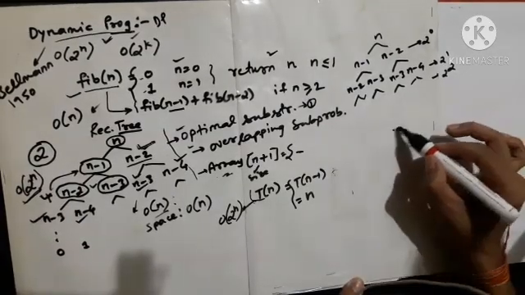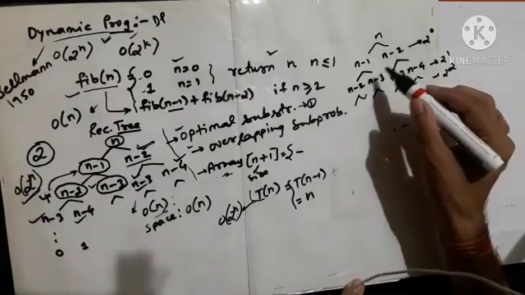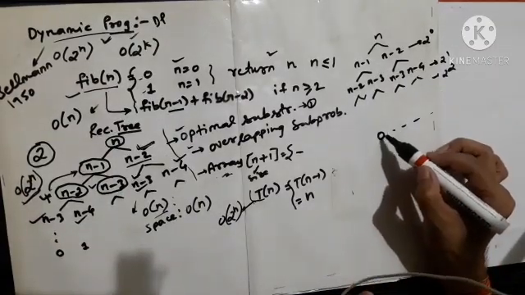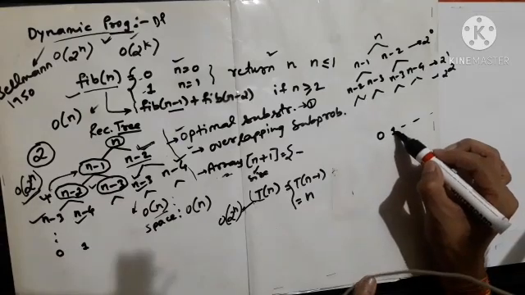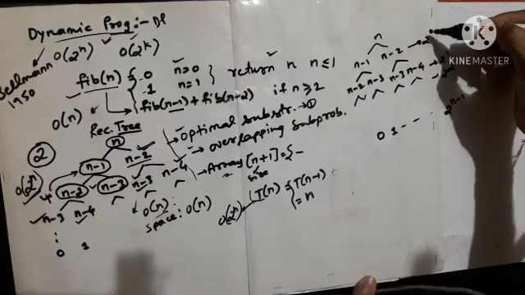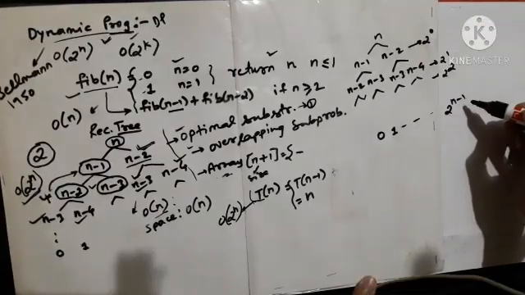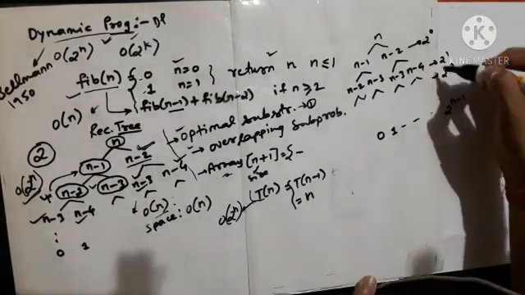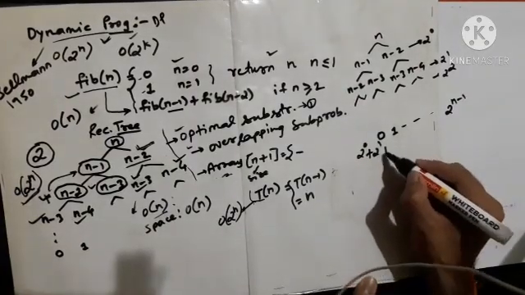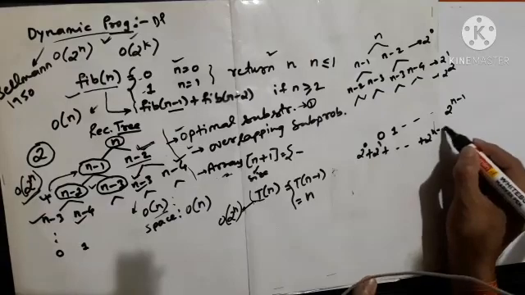When this recursion ends, when the value of n is 0 or 1, that means we can say 2 to the power n minus 1, because it started with 0. So if we add 2 to the power 0, 2 to the power 1, and so on, that is 2 to the power n minus 1.